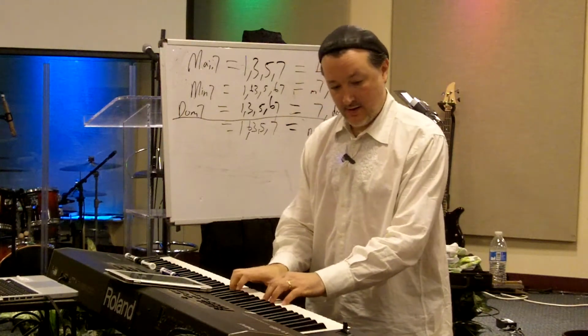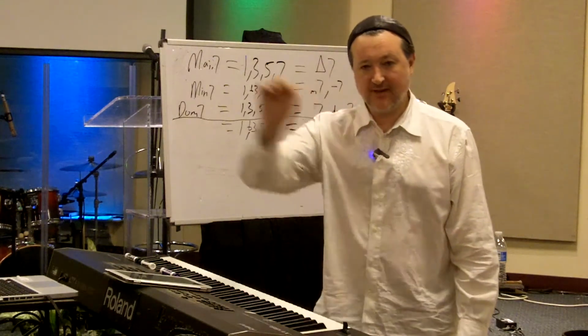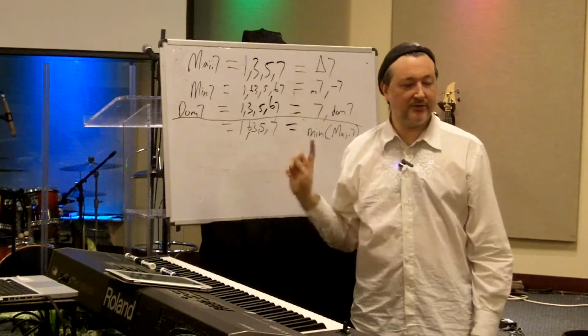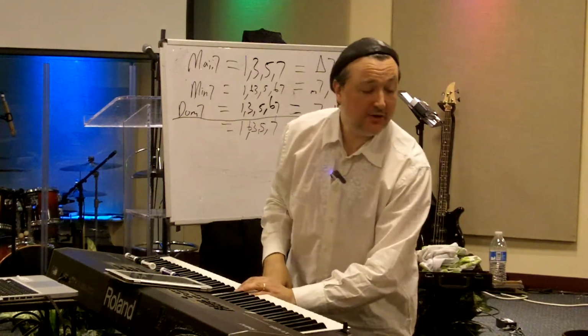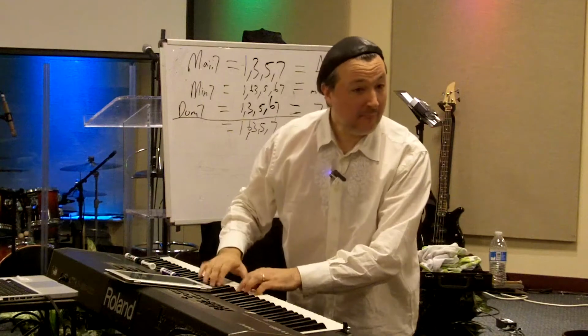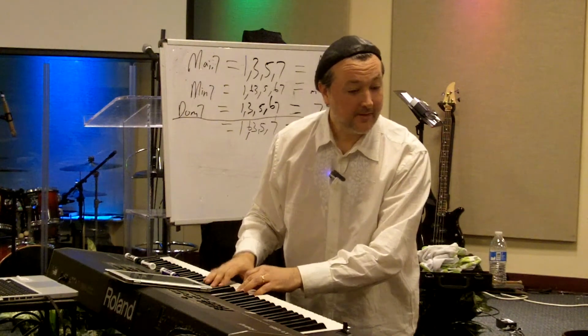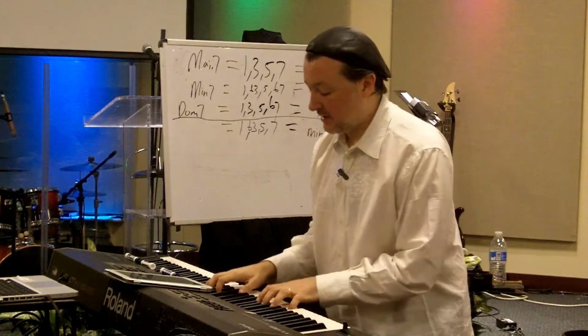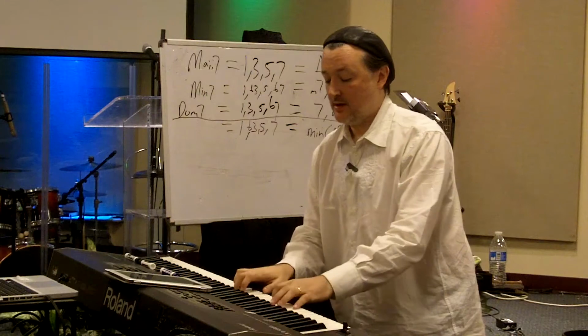Right? And then it has that going on. But then the minor major 7, our other 7th chord that hardly gets used, sounds like this. Here's a minor triad and a minor 7. Now let me show you this one.